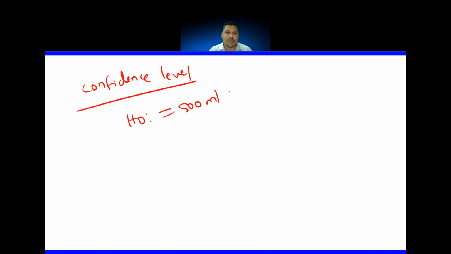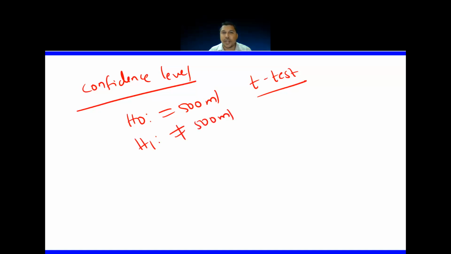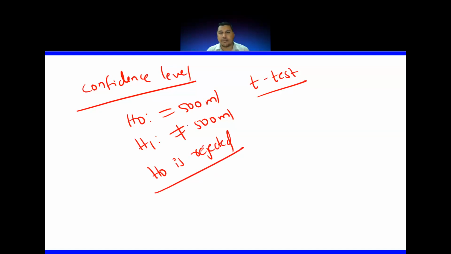When you make a claim, suppose you used a t-test technique and you have proven that H naught is rejected. It means the amount of Coke available in the bottles by Coca-Cola company is not 500. You proved it. Okay. But how confident are you about this?